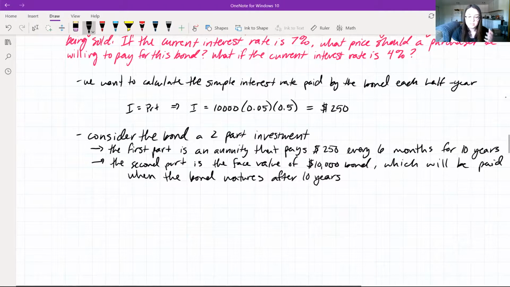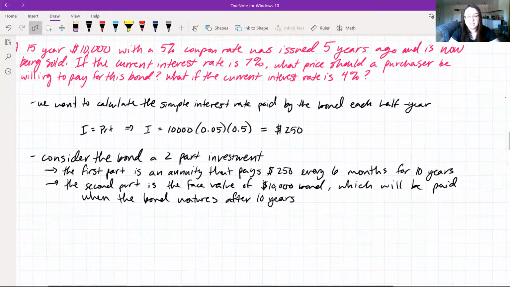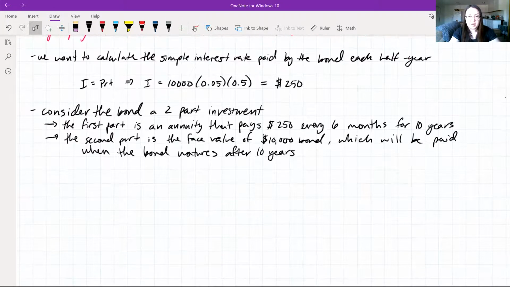All right, so we know that the first part is going to act as this annuity, so we're going to be paying the $250 every 6 months for 10 years. But the second part is the face value of the bond. So if we're investing $10,000 and we're essentially waiting 10 years, or compounding every 6 months in this case, for 10 years, that bond is going to increase in value.